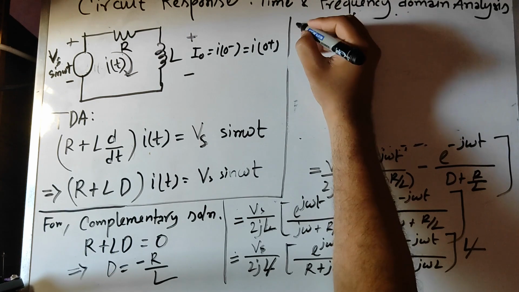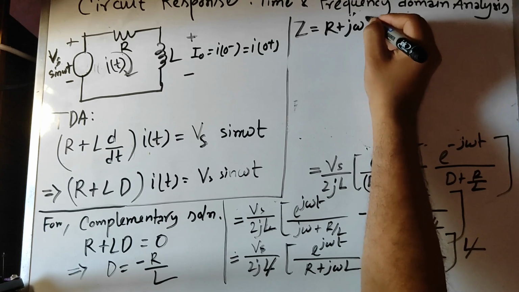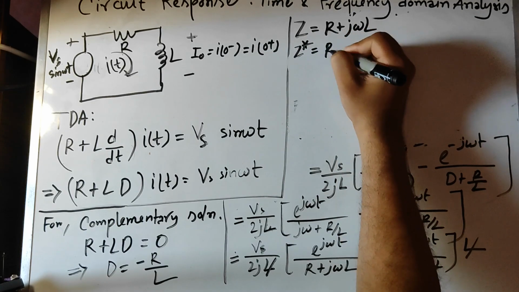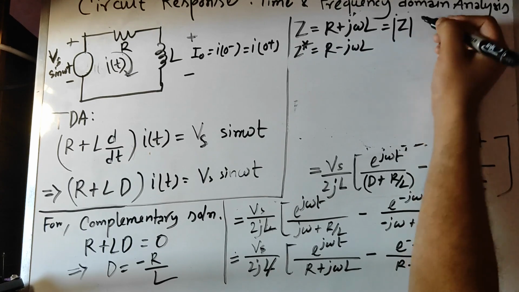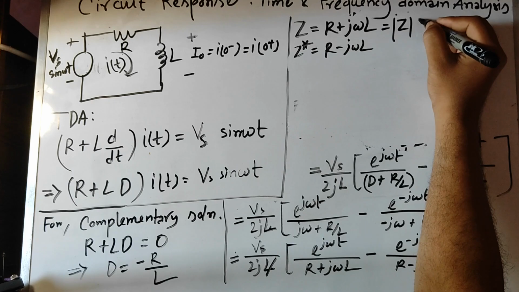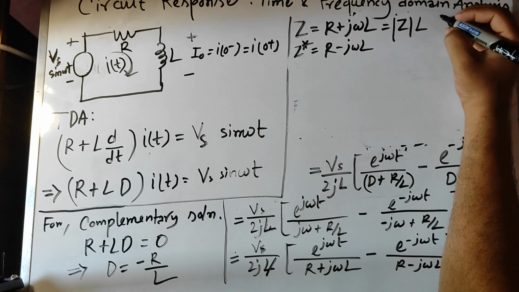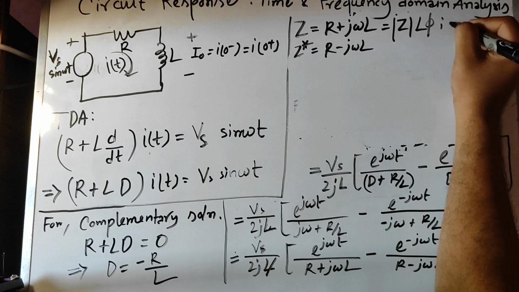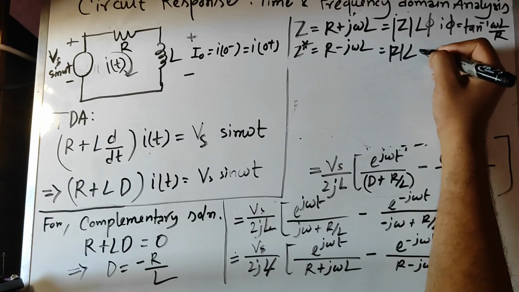So let us define impedance Z equals R plus j omega L, and Z prime equals R minus j omega L, which can also be written in complex or phasor form as magnitude Z at angle phi, where phi is tan inverse of omega L by R. And Z prime is magnitude Z at angle minus phi.